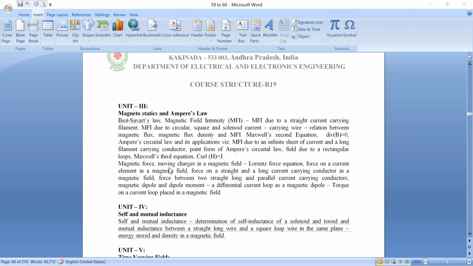Whenever the charge is moving, there is an electric field. Now this moving charge is placed in a magnetic field. That means the two fields are applied mutually perpendicular on the charge. Then a force is developed. So that force can be calculated here. That is the magnetic force on a moving charge in a magnetic field.